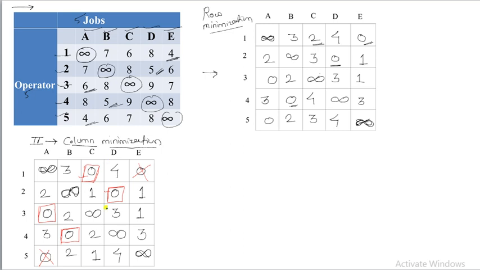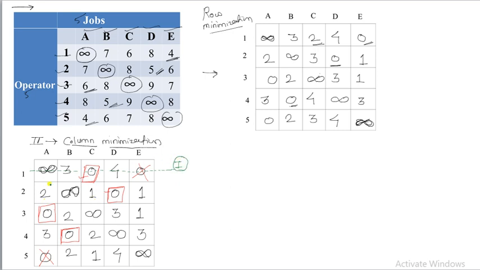So we'll try to draw lines whereby the maximum zeros are covered by one line. Here 2 zeros are there in one row, so we can cover them like this. This line will cover these 2 zeros. We'll call this the first line.